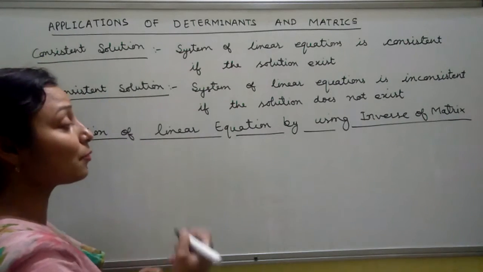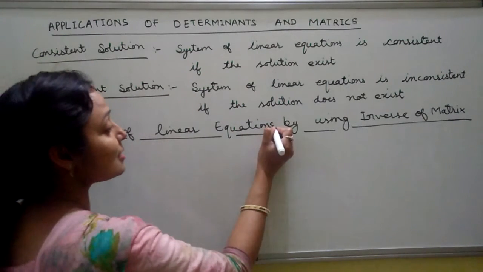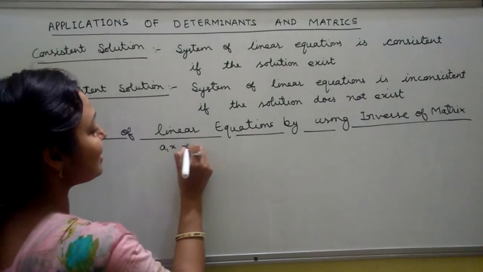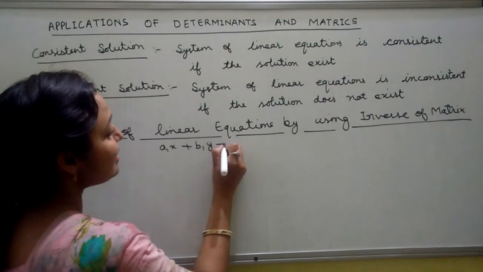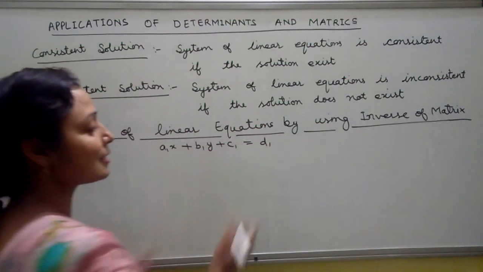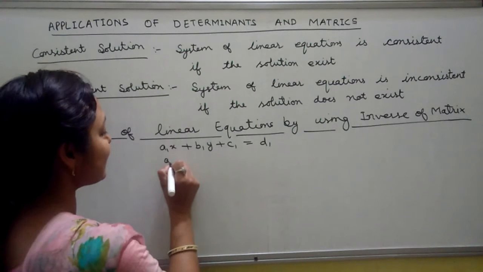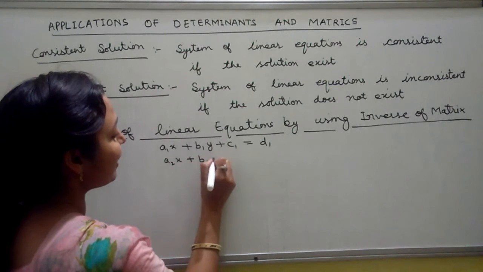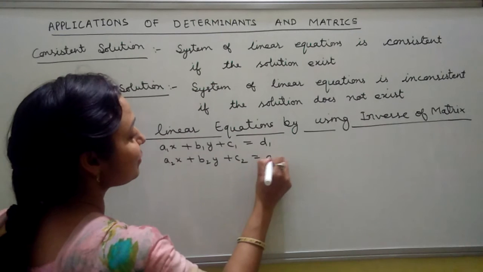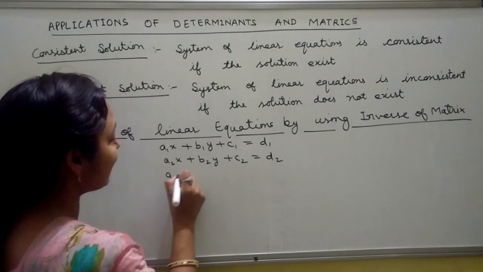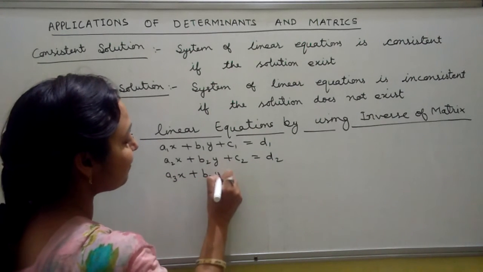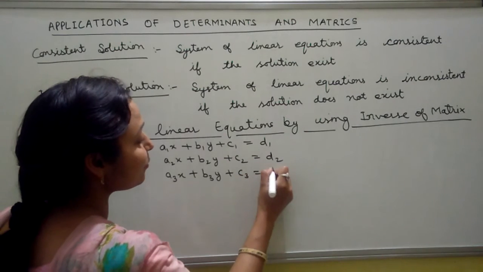Let us suppose we have linear equations, that is a1x plus b1y plus c1z is equal to d1. This is the first equation. Second is a2x plus b2y plus c2z is equal to d2. This is a3x plus b3y plus c3z, that is equal to d3.